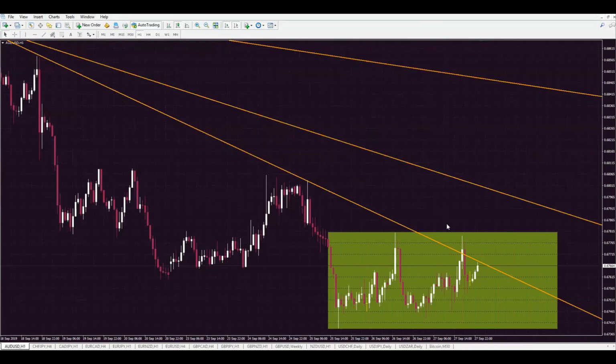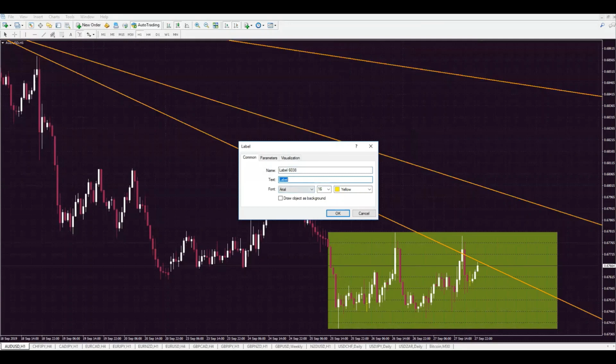If I get a strong break above here or a strong break below here, I would sell or buy, depending on the direction of the strong break.